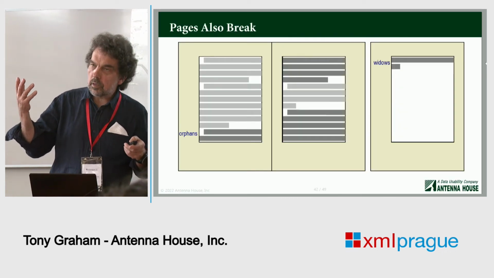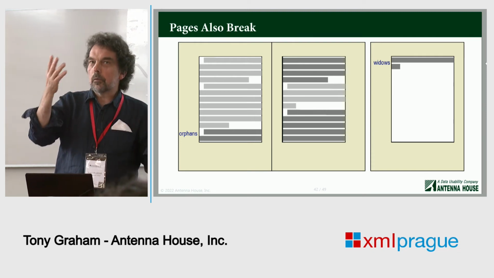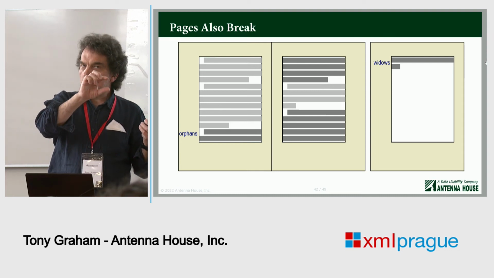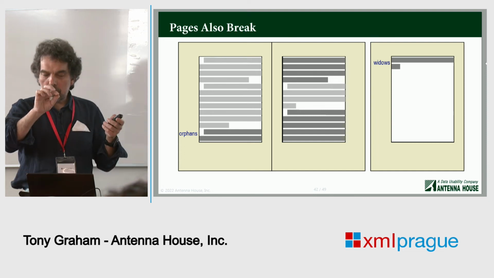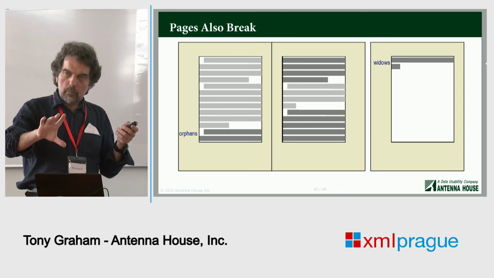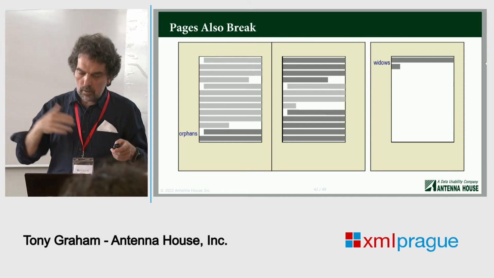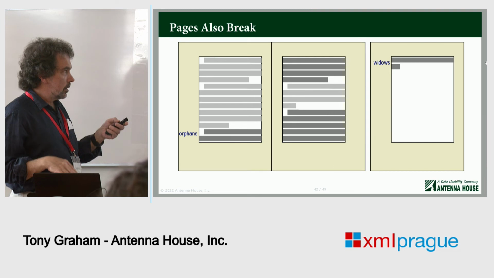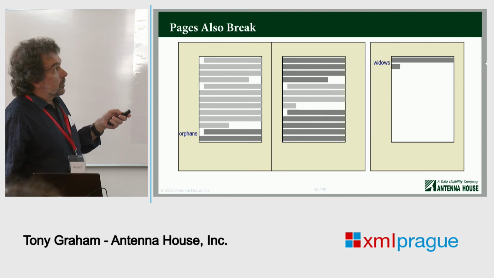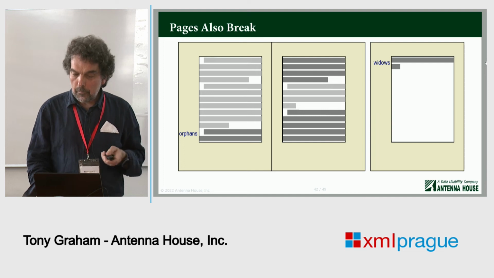But pages also break. You only have this much space, and what can happen, of course, is that you get to the bottom of the page, there's not enough space for the full paragraph, so part of it gets left behind and the rest continues on the next page, or part of it is on the current page and then a short piece is on the next page. These are called widows and orphans, or orphans and widows, the one that's left behind or the one that carries on alone, so to speak.